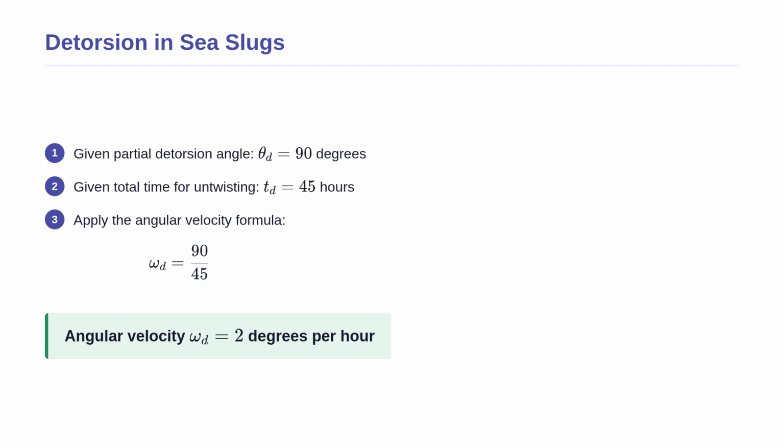By plugging our values into the formula, we divide the 90 degrees of displacement by the 45 hours of time. The mathematical result is exactly 2 degrees per hour. This extremely slow rate indicates that detorsion is a gradual, deliberate developmental change, allowing the slug to safely regain its symmetry.